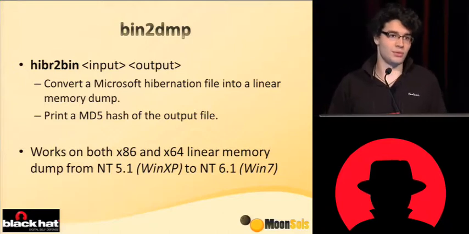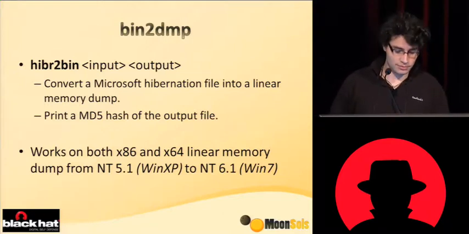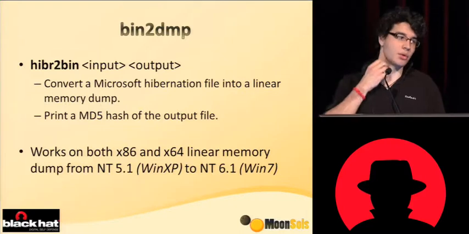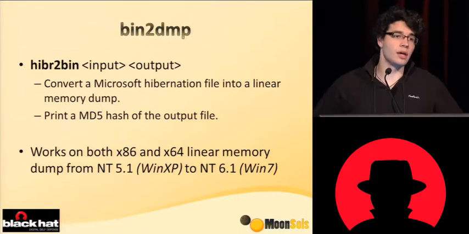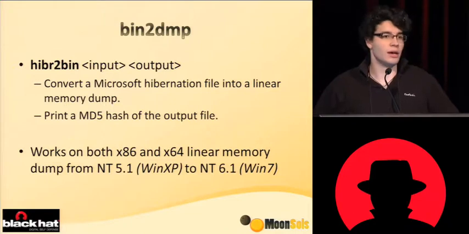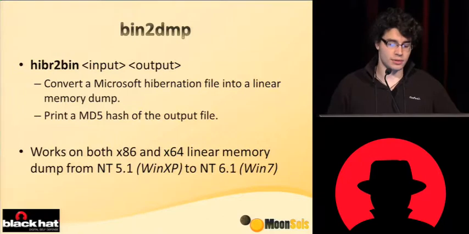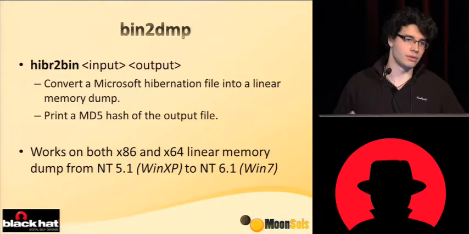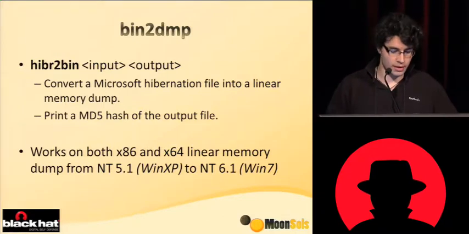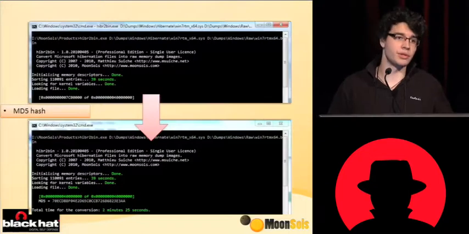You can still use your favorite tools. And it works like the hibernation2DMP. It works with every version of Windows, from Windows XP to Windows 7, on both 64-bit and 32-bit editions. Not 64-bit, but x64. So the interface is pretty much the same.